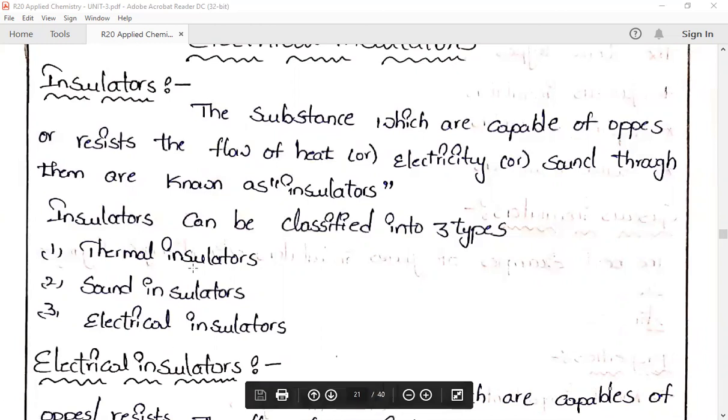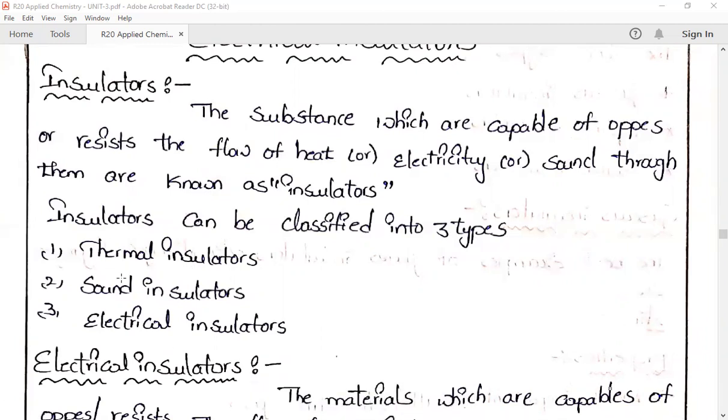The substances which are capable of resisting the flow of heat through them are known as thermal insulators. Sound insulators are the substances which are capable of opposing the flow of sound through them.